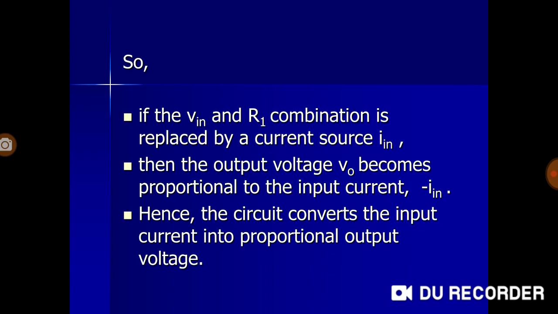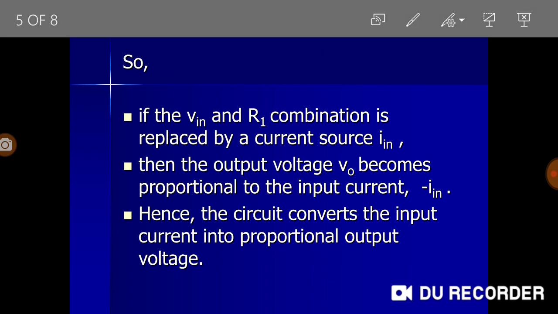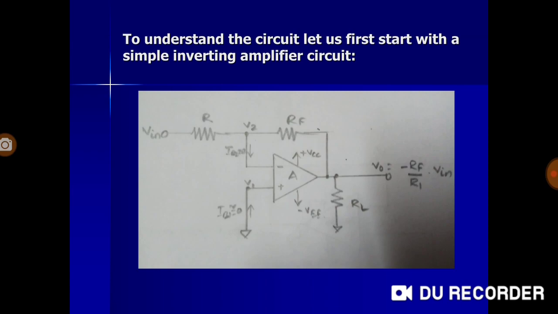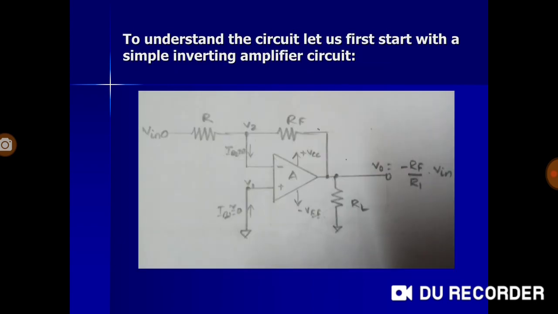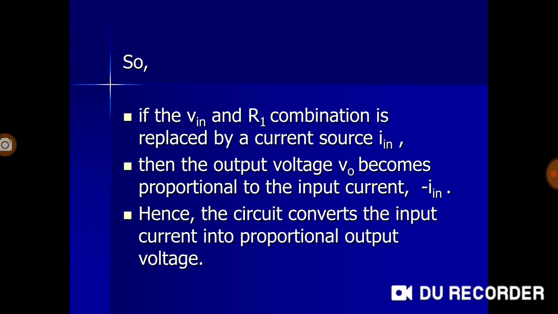So if V in and R1 combination is replaced by a current source I in, we'll go with the first circuit that we studied. The first circuit here, instead of this input voltage and R, we have replaced this V in and R by the current source I in. See? So that is what we are talking about.